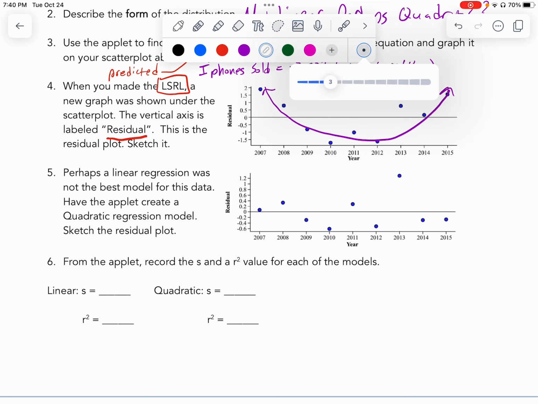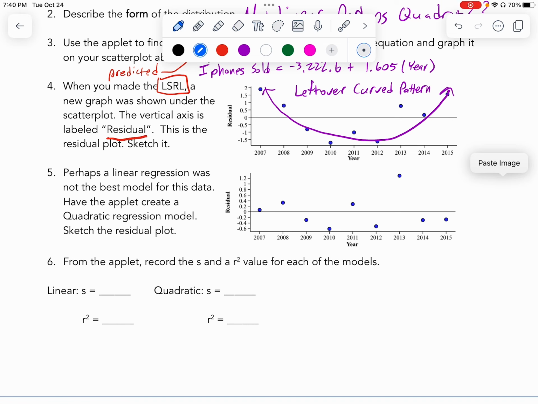So I've got them one on top of the other. Now this one has no leftover curve, right? The scatter plot was curved. This one is not curved. Another way to say it is no pattern, or you could say equal scatter.